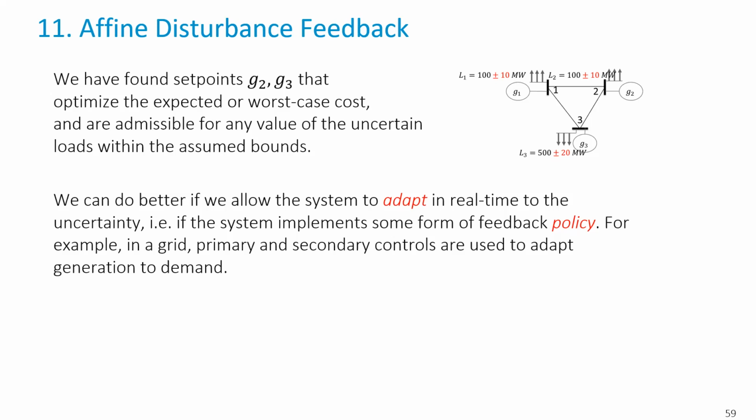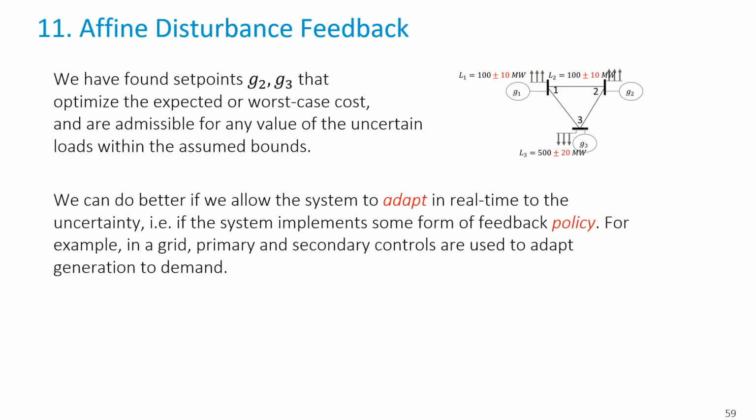So recall that last week we started when the loads are known, and we found how to solve exactly for the values of the optimal generators. Then we started saying, yeah, but if I introduce some uncertainty bounds, then I can compute the set points G1, G2, G3. We have seen that we can solve for G1, G3, and G2, G3, and G1 will follow implicitly, at least with the DC approximation.